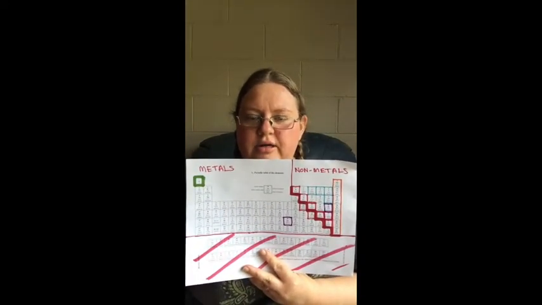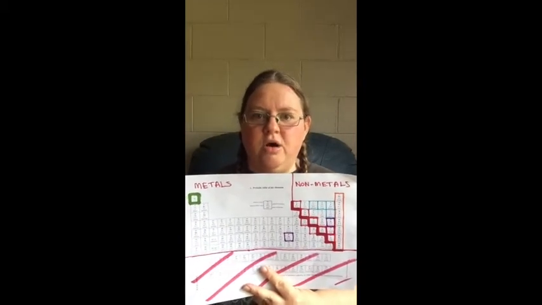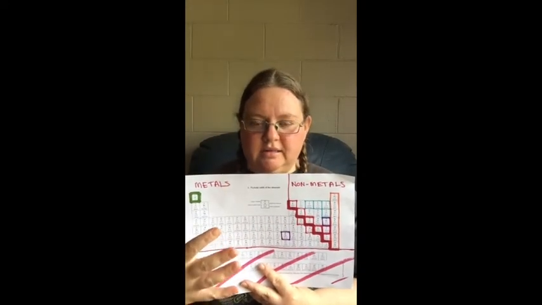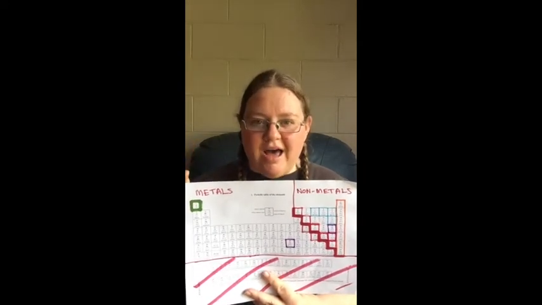And so, when you're having to write chemical equations and decide whether they're solid, liquid, gas, or aqueous, all of our pure elements are going to be solid, liquids, or gas. They are not going to be aqueous. Why? What is aqueous? Well, let's break it down. Aqueous has the word aqua in it, which means water, okay?